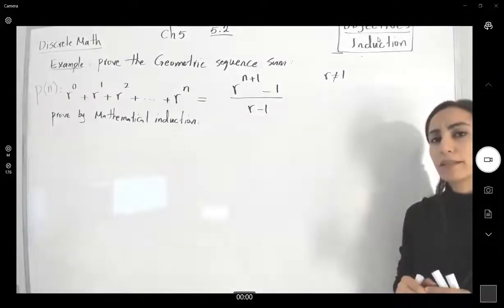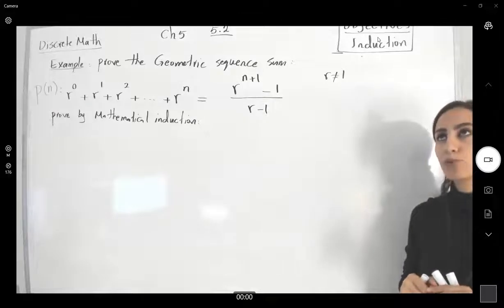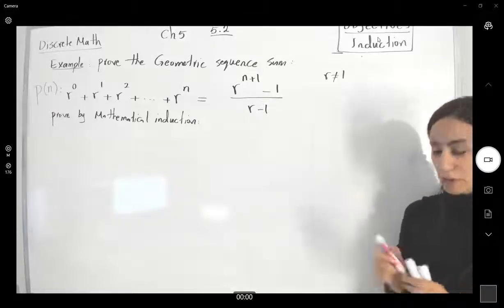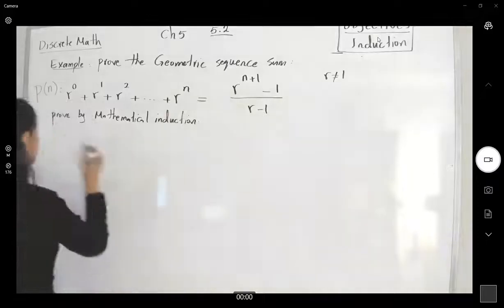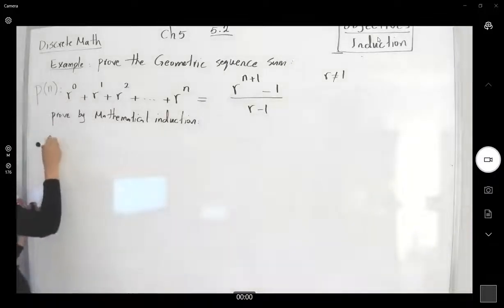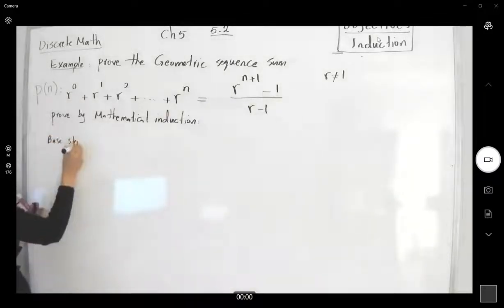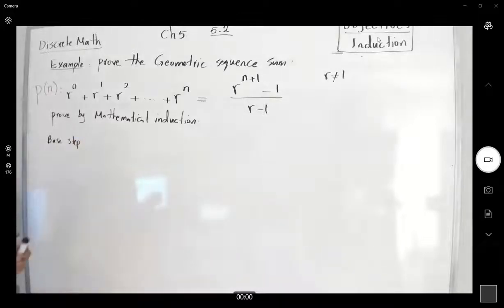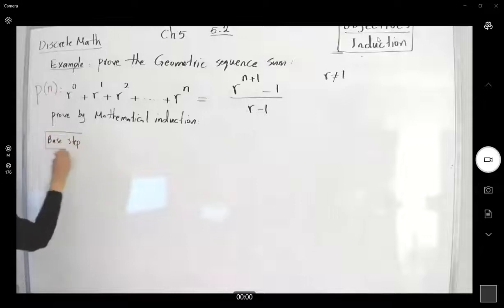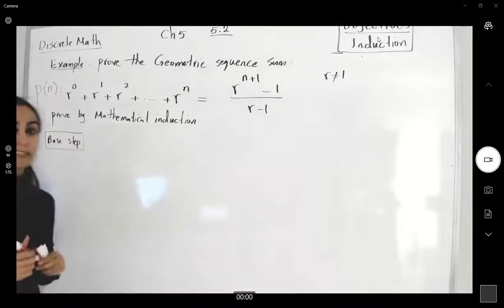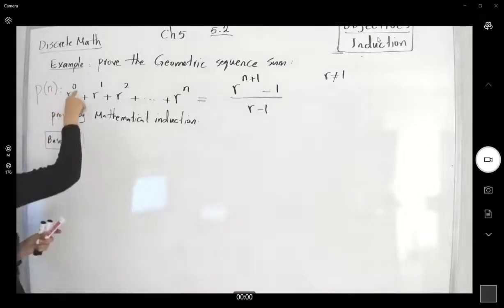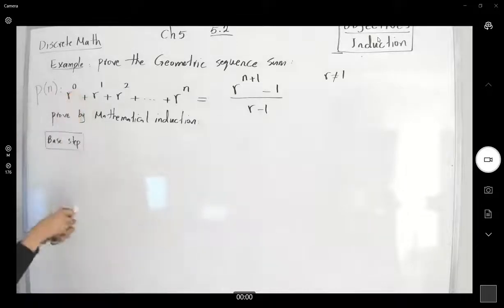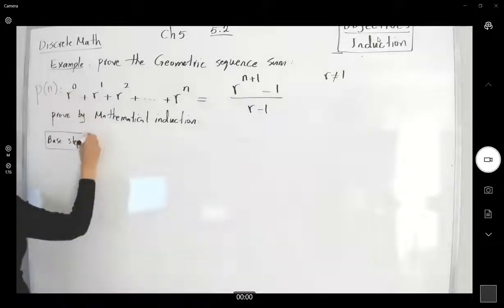So in mathematical induction, we have to prove the base step. The base step says we need to show that this statement is true for the smallest value in the domain. The smallest value in the domain is 0.